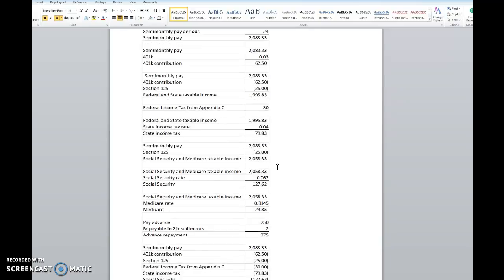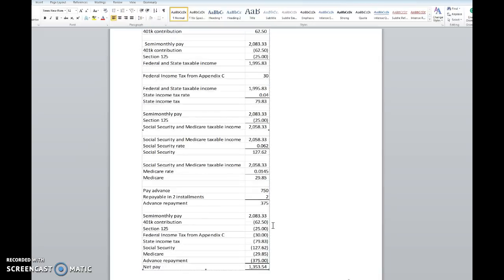Social Security then is $127.62. Medicare, remember, has no wage limits, so that's multiplied by 1.45%. It's $29.85. Now, he does get a pay advance of $750. He's repaying it back in 2 installments, so the advance repayment for him is $375.